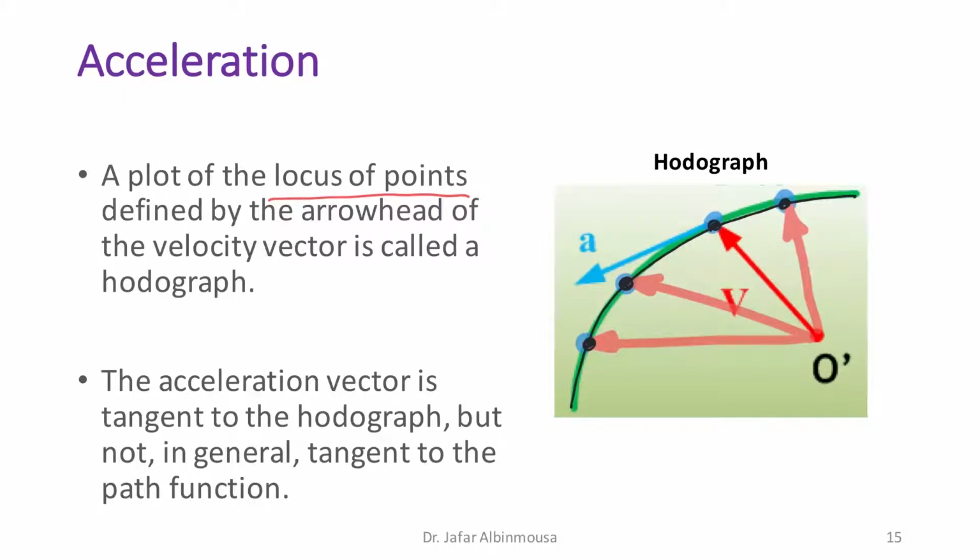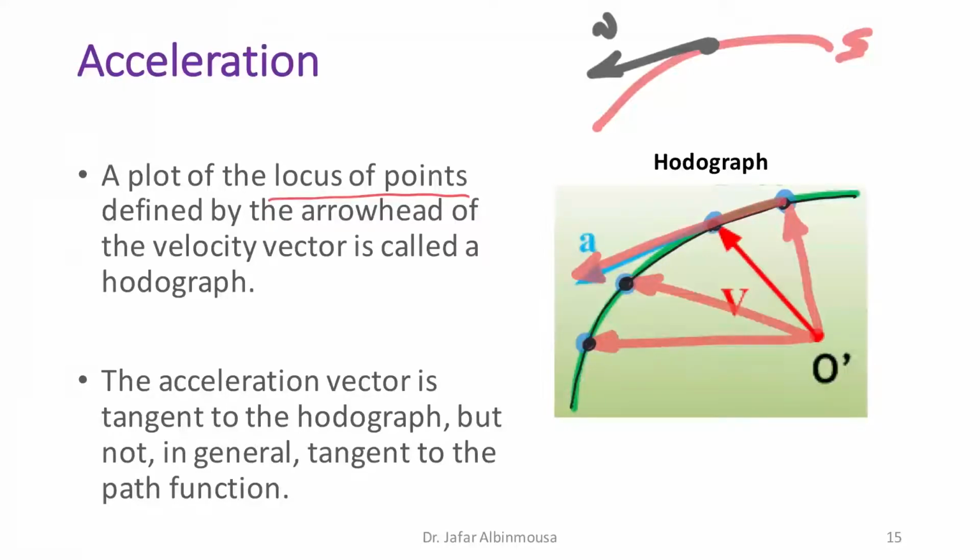What is interesting about the hodograph is that the acceleration vector is indeed tangent to this hodograph at a point in time, but it is not tangent to the path function s. If this is the path s, we know that at a given point in time, velocity is tangent to it, but the acceleration may not be.